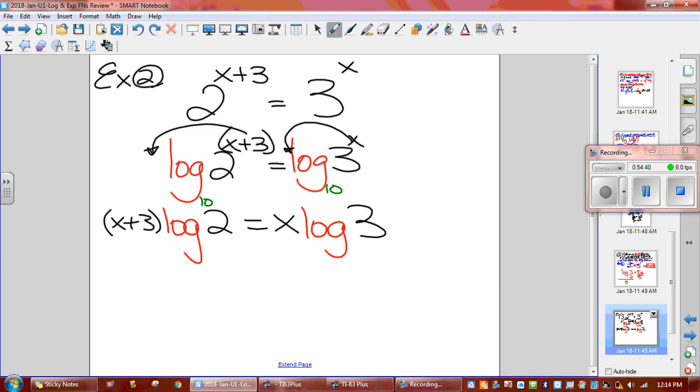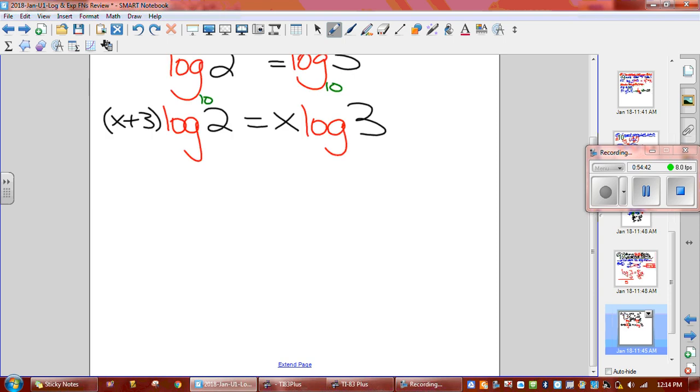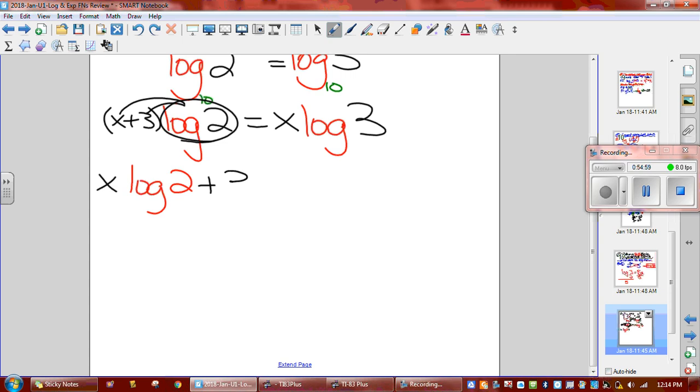Now, on the left-hand side, because we have exponent in brackets, we need to split that. So we're going to split, meaning it's basically the distributive property. Log 2 multiplies in the bracket both of them. So we're going to get x log 2, and we're going to get plus 3 log 2. Oops. Log 2, not 3. Perfect. Equals x log 3.